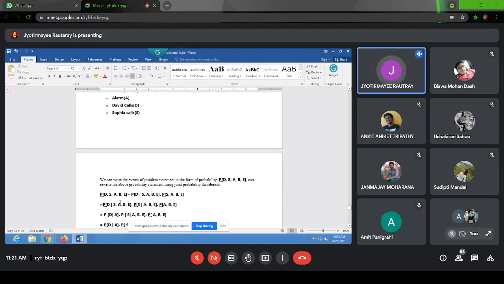We know from this step probability of D given S A B E has already occurred. Again we have to find probability of S A B E, that is probability of A and B.